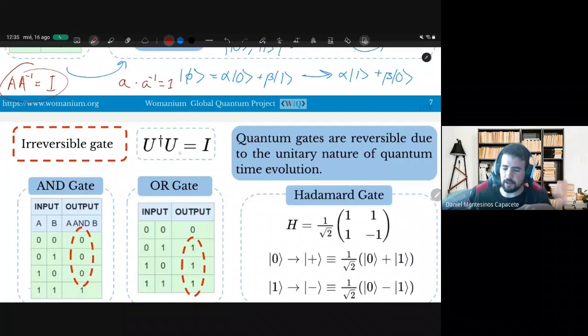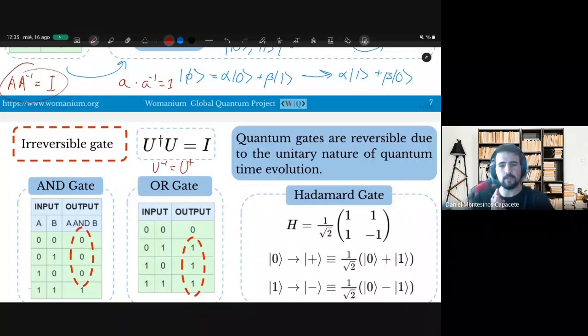So if you have this relationship, we are just saying that the inverse of our time evolution operator is just the adjoint operator. This means that if you have the final state, you can apply the inverse operator, which is the adjoint operator, and you get your initial state out of your final state.